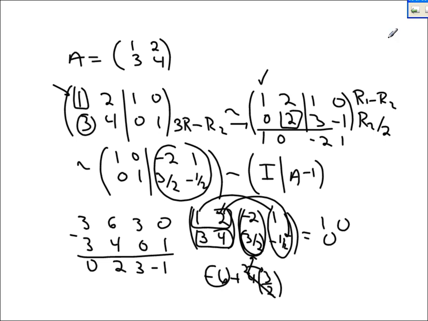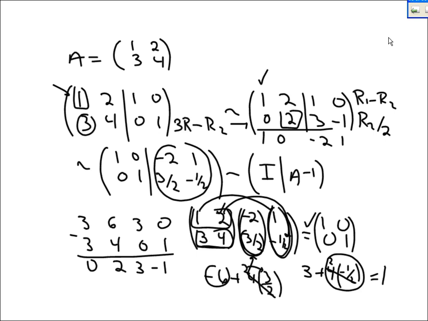The second row times the second column, 3, 4, times 1, negative a half. 3 times 1 plus 4 times negative a half. 2 goes into 4 2 times. 2 times negative 1 is negative 2. 3 plus negative 2. 3 minus 2 is 1. So here, I did get the identity matrix.